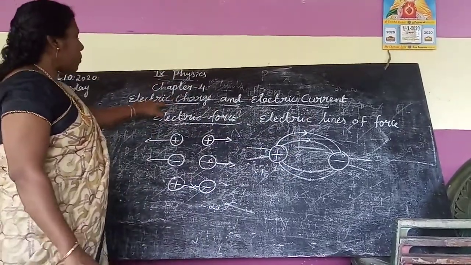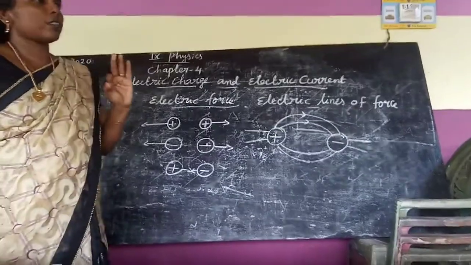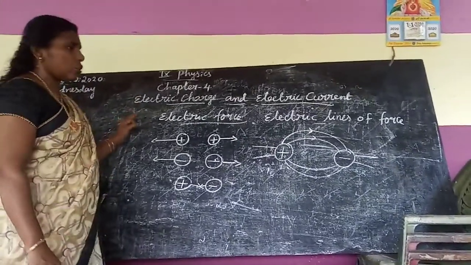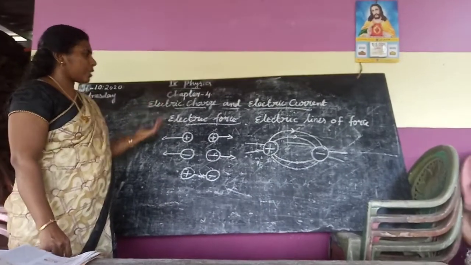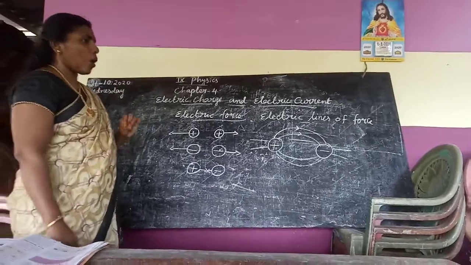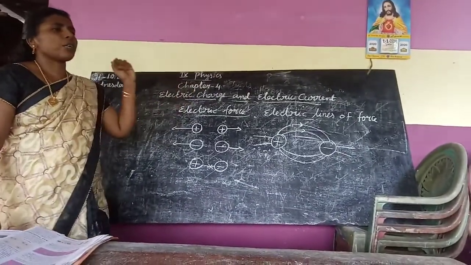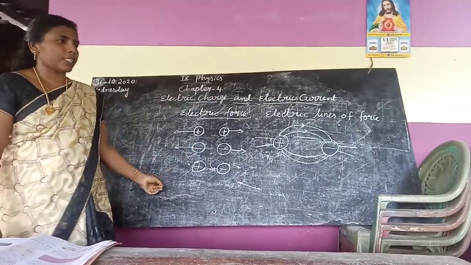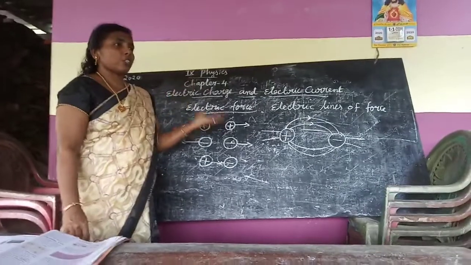Now we have learned about electric charge. How many charges are there? Two charges, positive and negative. Example, atom. All of you know, in chemistry also you have learned. In the nucleus, neutron and proton are there. Around the nucleus, which one is revolving? Electron is revolving, which is negative charge. What is a positive ion?